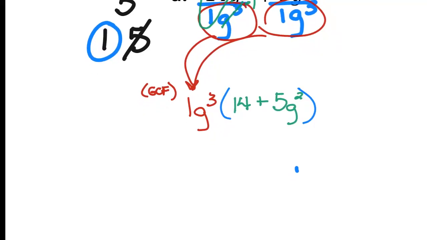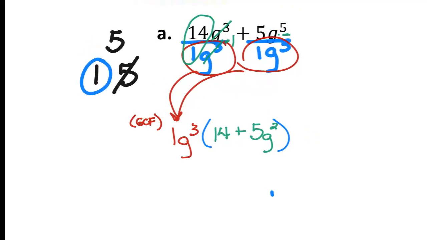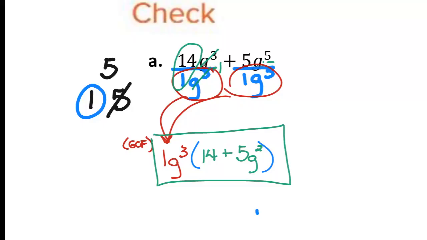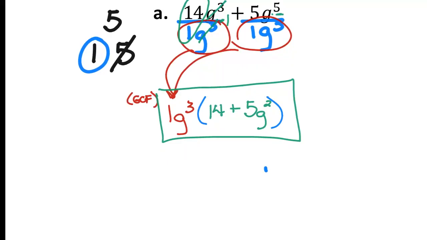Now, how could we check this and make sure this is right? You would just multiply it forward and see if you get the same answer. So this is the correct answer right here. That is your final answer. That is 14g to the third plus 5g to the fifth factored. All right? But to check it, you would take this and you would distribute.